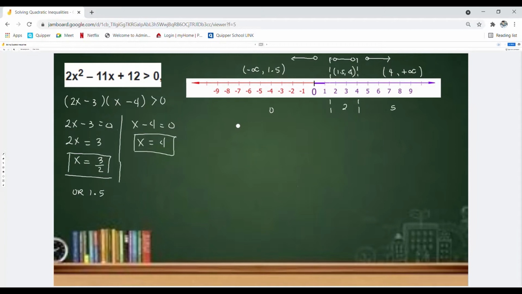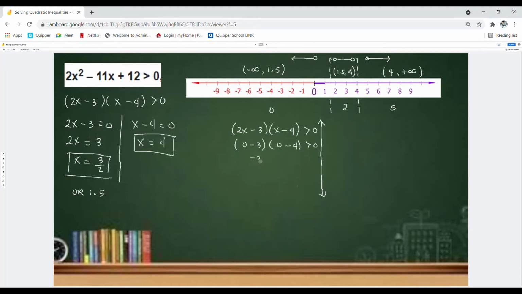In testing it, I have 2x minus 3 times x minus 4 greater than 0. So I'm substituting 0. This becomes 0 minus 3, and 0 minus 4, greater than 0.